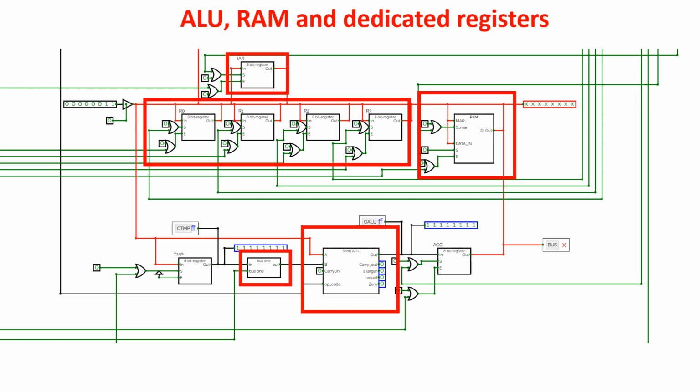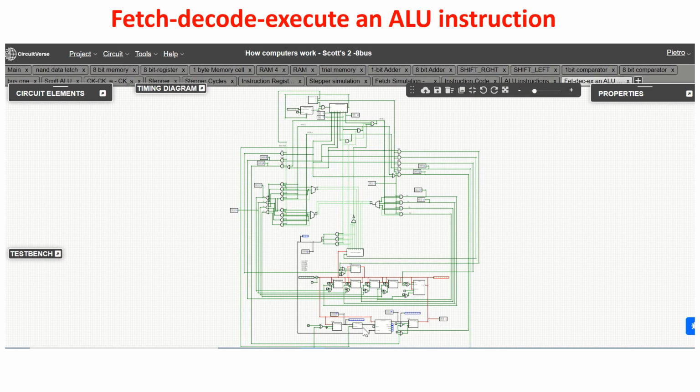Bus1 is then connected to the temporary register where we temporarily store one of the operands of the ALU while the other is on the bus. Eventually, we have the accumulator register where we store the result of the ALU operation before storing it into the selected register. So now we run the simulation in which we fetch, decode and execute an ALU instruction.